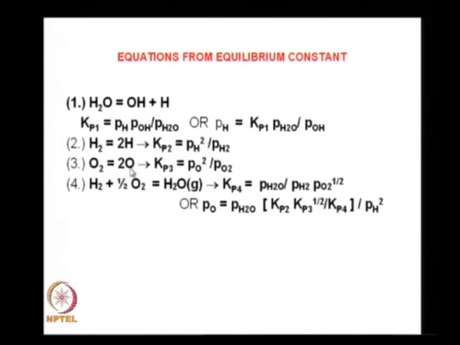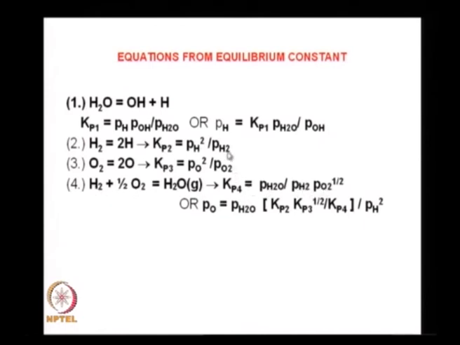If I consider O2 going to 2O, Kp3 is pO squared, because I have 2O here, divided by pO2. And if I consider hydrogen and oxygen giving me steam, H2O as gas, I get the equilibrium constant Kp4 for this reaction as pH2O divided by pH2 and pO2 to the power half.